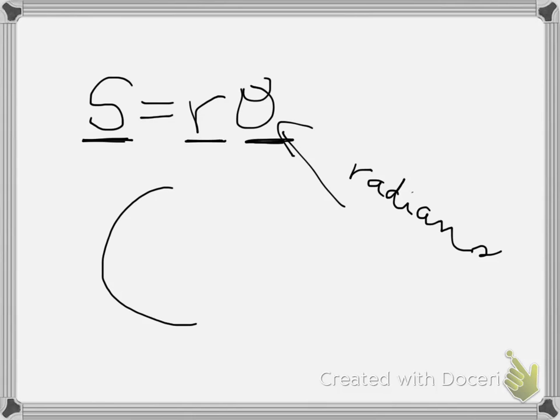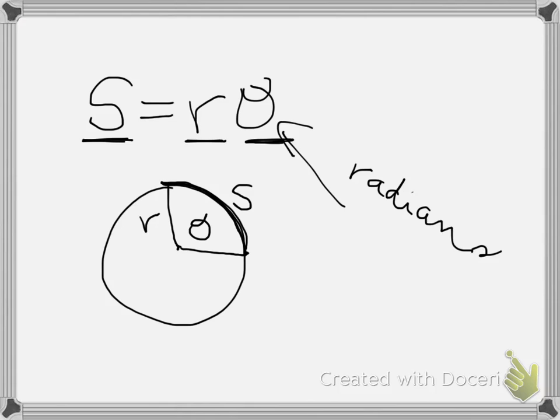In other words, this would be theta. This would be your S, which is the arc length. And theta is an angle in radians, and your radius is R. And so the arc is equal to the radius times the angle.